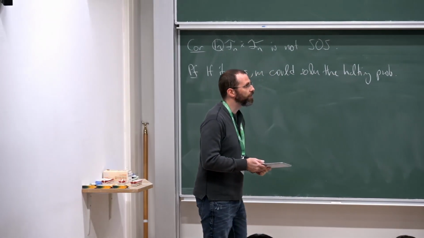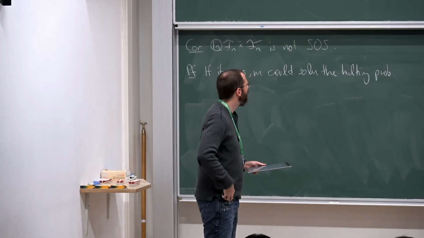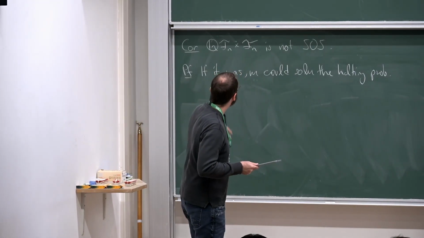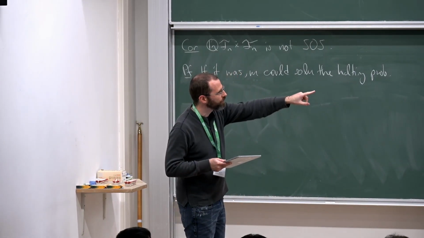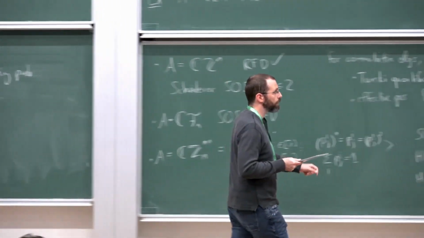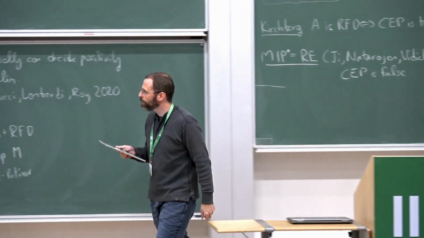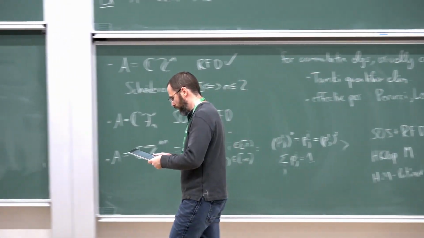Now, I want to point out that trying to prove properties of the algebra this way, via computability, is inspired by the same way that this conclusion works, proving that the Connes embedding problem is false. So let me say a little more about how that works.